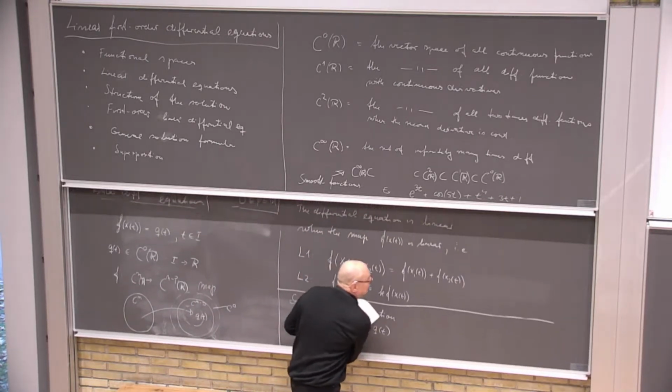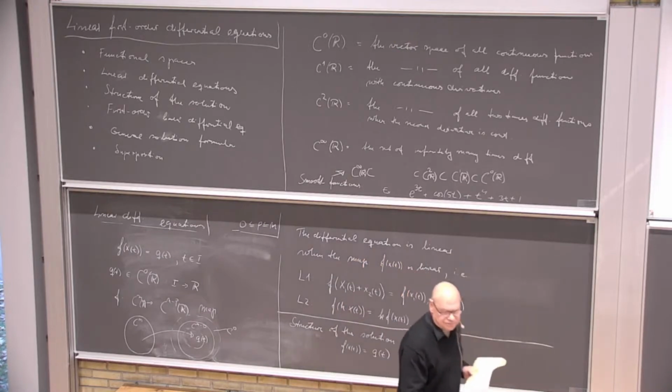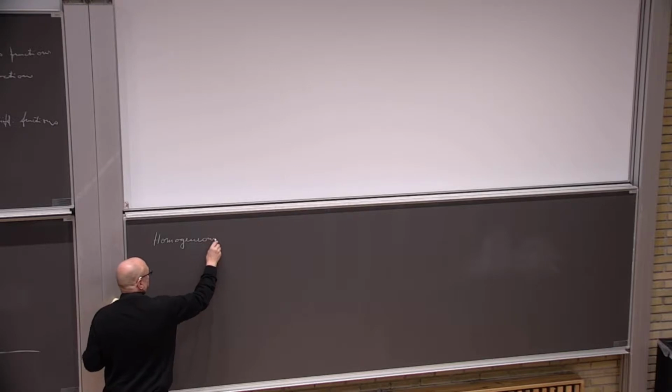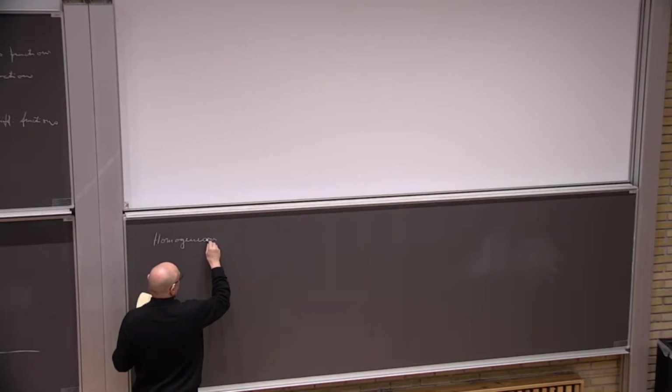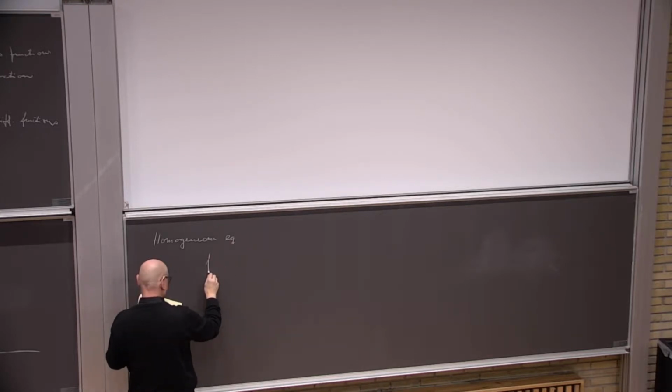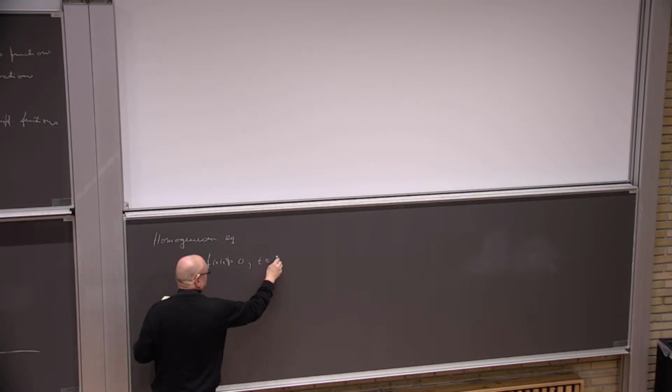So let me continue over here. The structure of the solution: the homogeneous equation is f of x of t is equal to 0. And again, t is in this interval here.